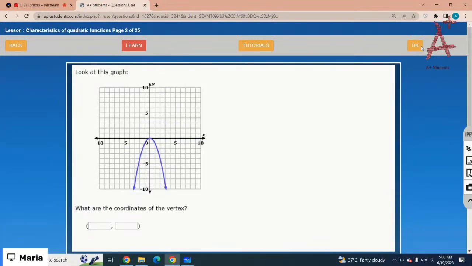Okay, the next one: look at this graph. What are the coordinates of the vertex? So which is the correct option?